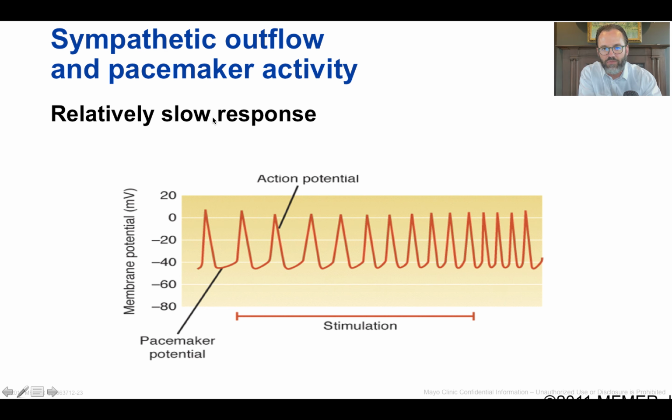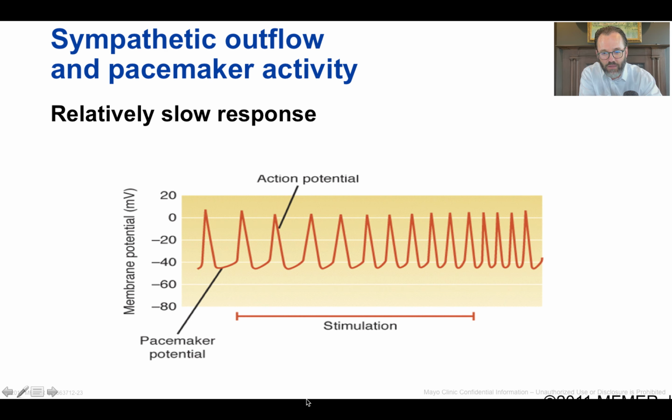As we discussed previously, what we have there is norepinephrine binding to, if you recall, the beta-adrenergic receptor. Beta-adrenergic receptor increases cAMP. That ultimately results in increases in phospholamban activity and increases in calcium-induced calcium release. In addition to that, it does increase the firing rate of the pacemaker.